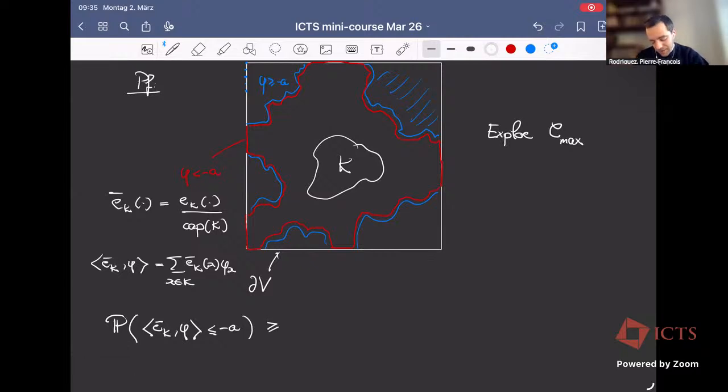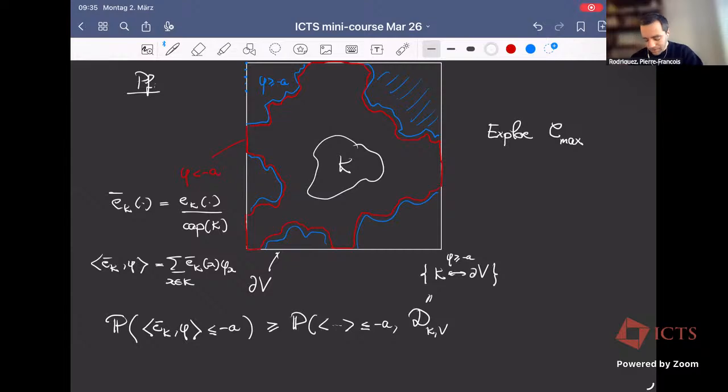Okay, so this is certainly bounded from below by the probability of that same event, and I have my disconnection. So let's call it D_K,V. So this is the event that K is not connected to the boundary of V. It's the event you see in this picture.